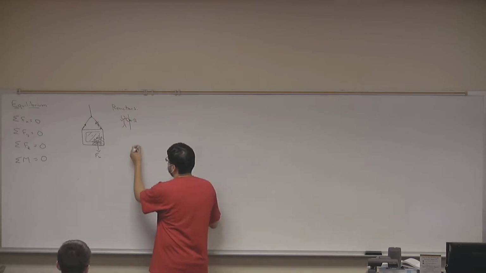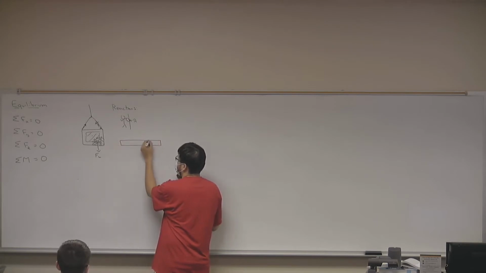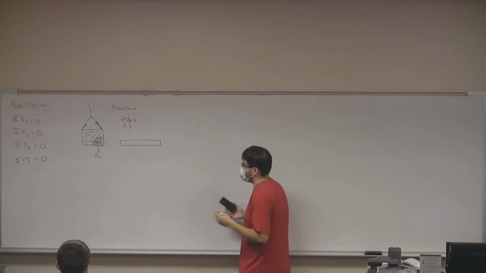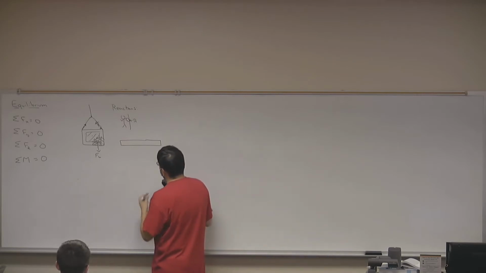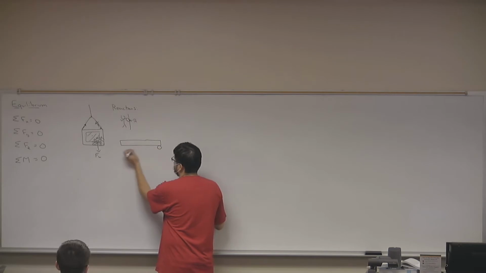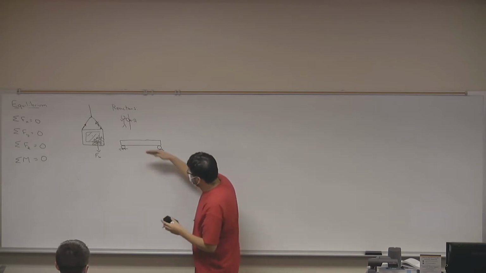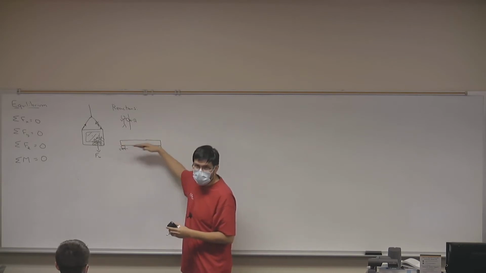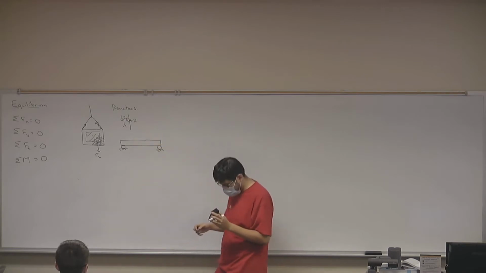Let's say that I have, and I'm going to try to simplify everything in terms of beams, because I think beams are easier to look at. So let's say we have a beam, and this beam is mounted on two rollers. What this means is that the beam can move freely from side to side, but of course the rollers will prevent it from falling down.